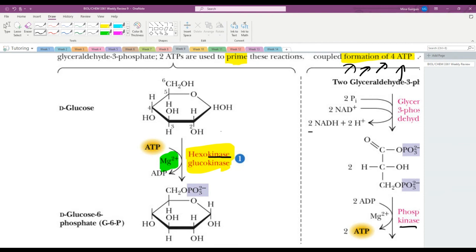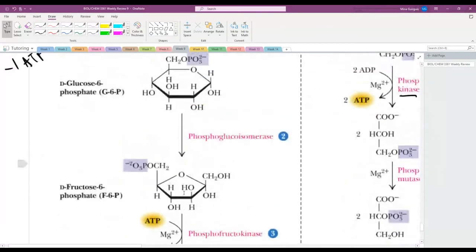Well, kinases and phosphorylases add and remove phosphate groups. Hexokinase adds a phosphate group from ATP. At this point, I'm going to keep a running tally on the left side and then on the right side for the other half. But we are down 1 ATP. We've used 1 up.